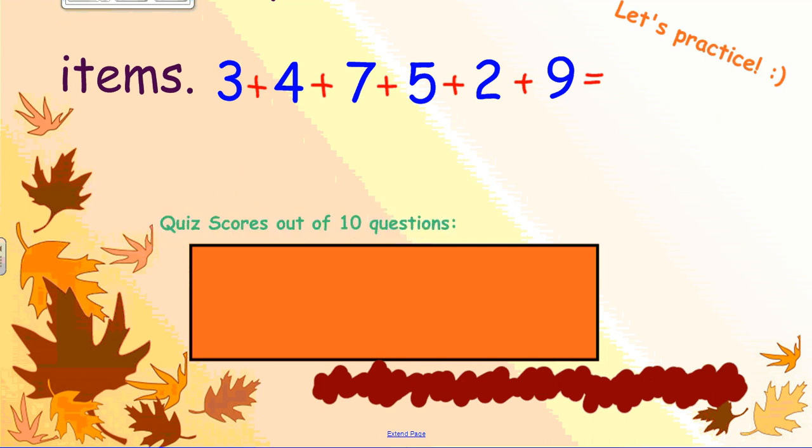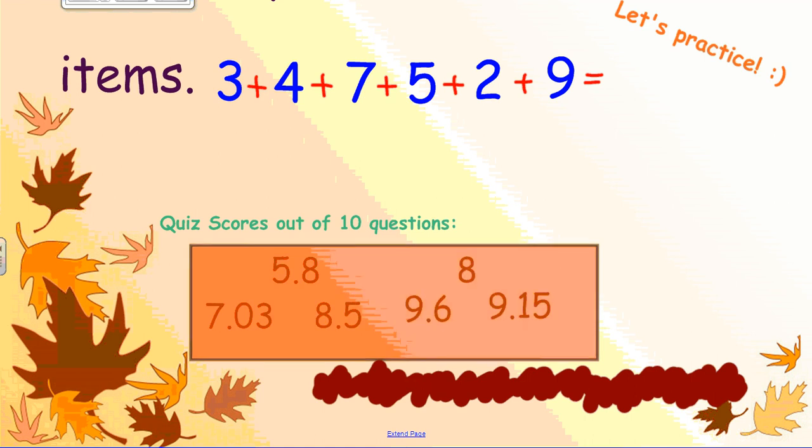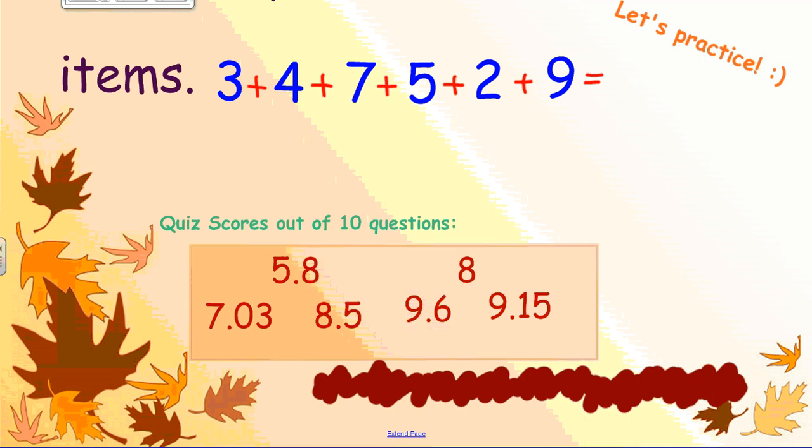Here we have a set of quiz scores out of 10 questions. You'll notice some of them are decimals, so we can challenge ourselves to also work on adding decimals and dividing decimals. First thing we need to do is find the sum for this data set.